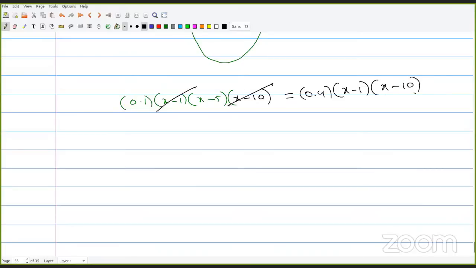Is this color visible? So this will get cancelled. We have x minus 5 equals 0.4 by 0.1. X equals 5 plus 4, which is 9.